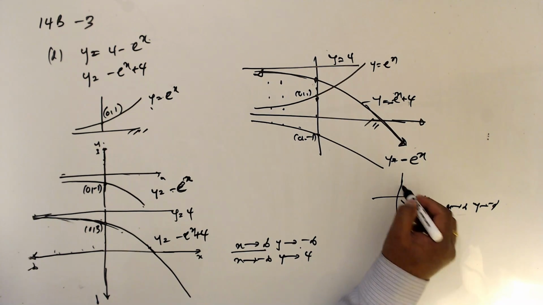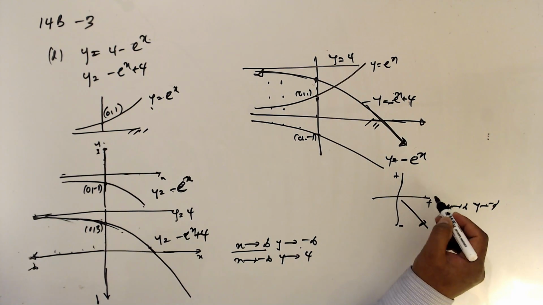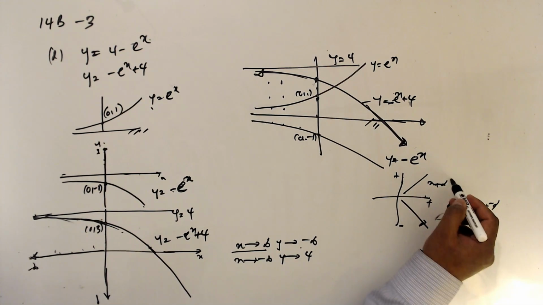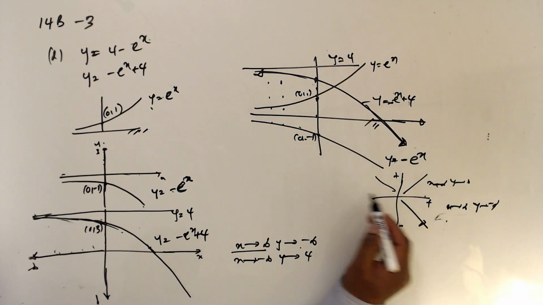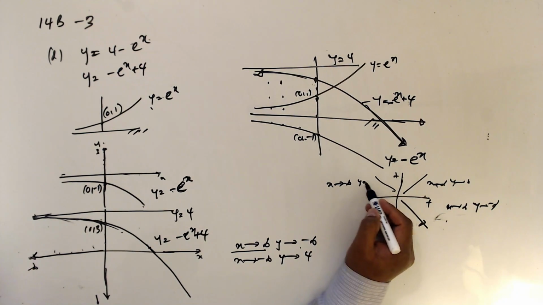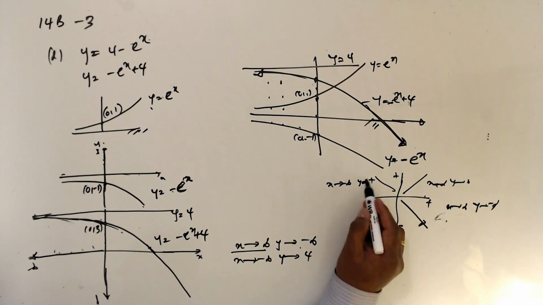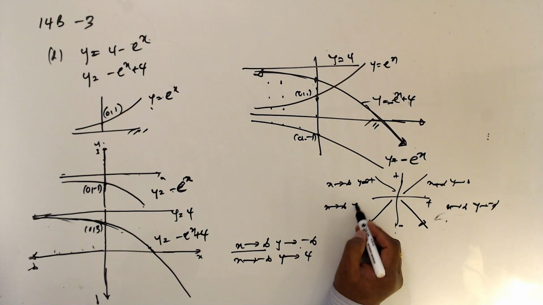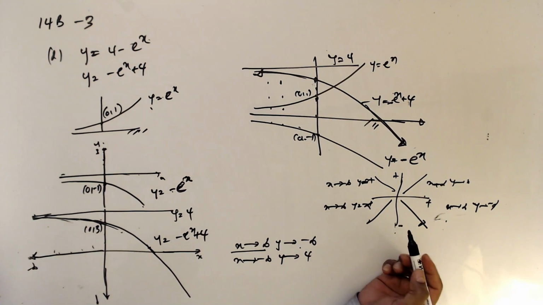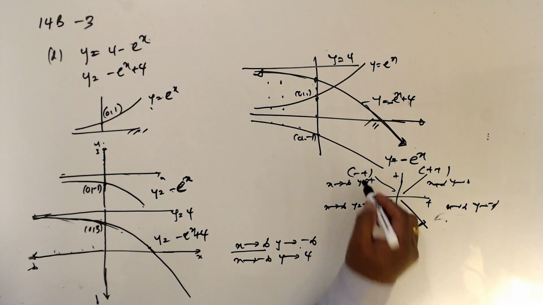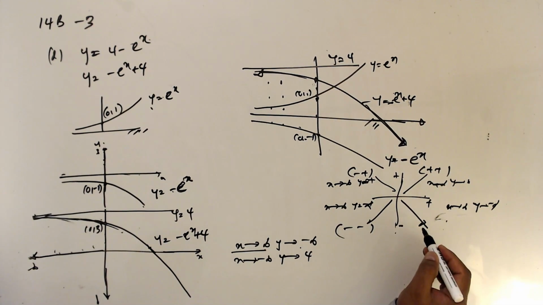If it is here, x goes to positive, y also goes to positive. If it is here, x goes to negative in this direction, y goes to positive. And if it is here, x goes to negative, then y also goes to negative. So this is positive, positive. This is negative, positive. This is negative, negative. This is negative, positive.